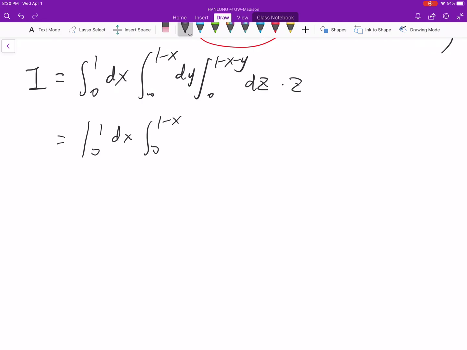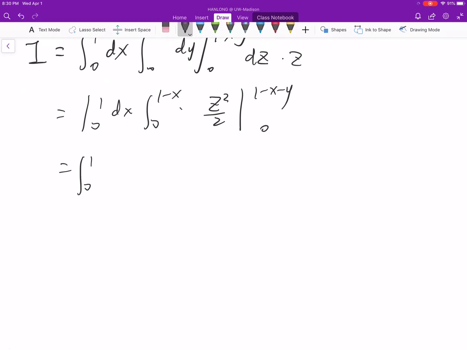The calculation will be easy. So z squared over 2, from 0 to 1 minus x minus y, so we get the integral from 0 to 1 dx, 0 to 1 minus x dy, of (1 minus x minus y) squared over 2.